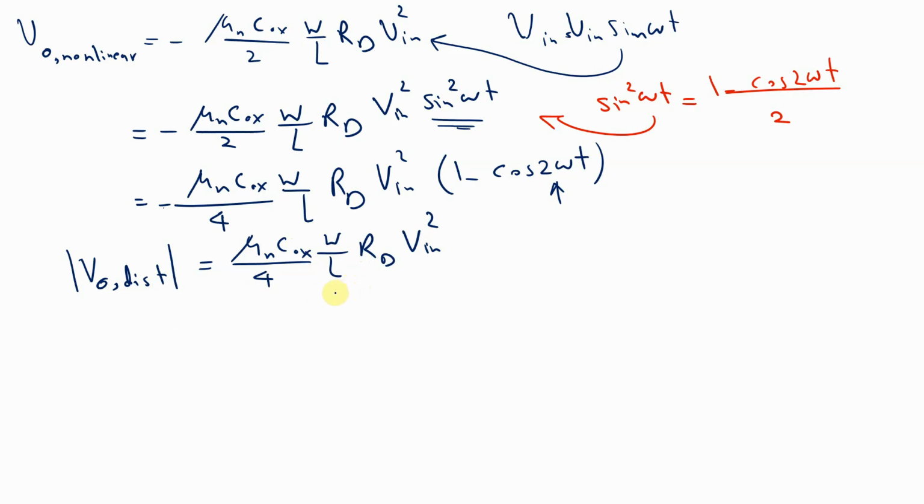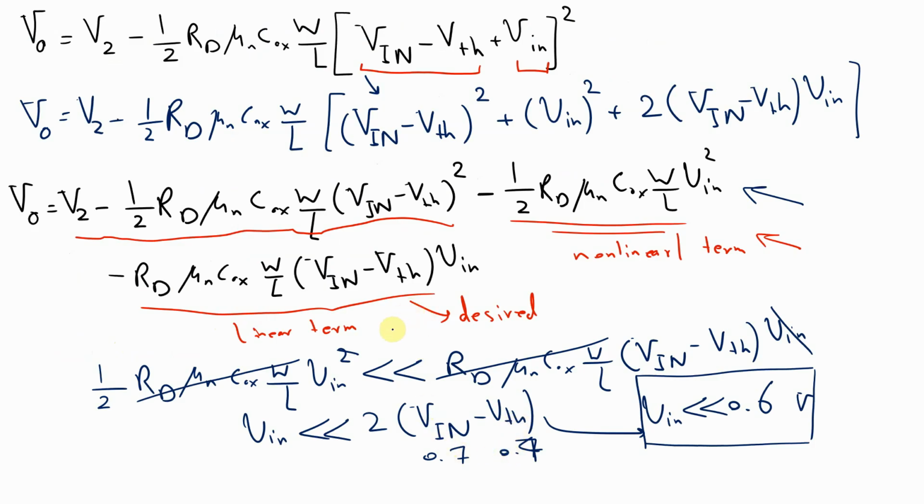And what is the fundamental of VO? VO fundamental or VO desired. Okay, we already calculated here, this is the desired amplitude for VO. Now I'm going to use this formula here.